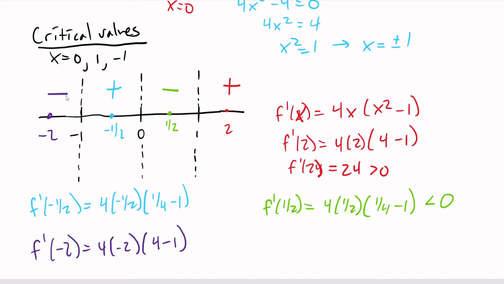And if you want to think through why this is happening, you ask yourself this question. Let's say you don't believe that this works this way. For the sake of argument, say you agree that at -1/2 I'm increasing, but you think that there's another point in here where I'm decreasing. Well, here's the idea. If you're going to go from increasing to decreasing, then you had to pass a point where you stopped moving.